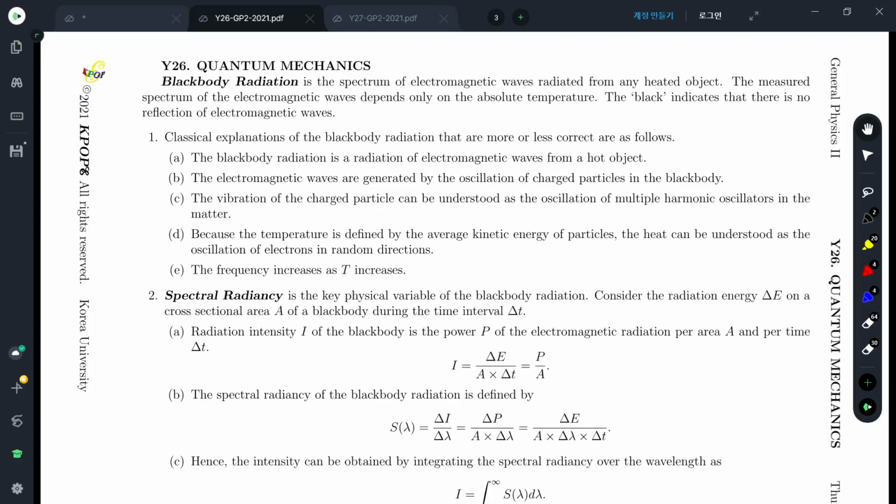in the sense that if the particle has the momentum determined by the scale of h over lambda c, that is the Compton wavelength, then that must have a quantum nature and a relativistic nature, both of them.